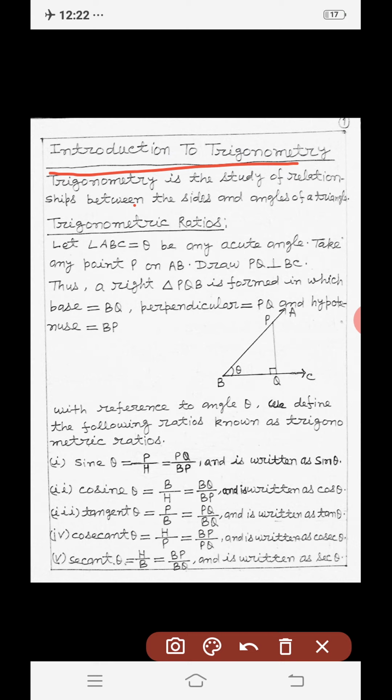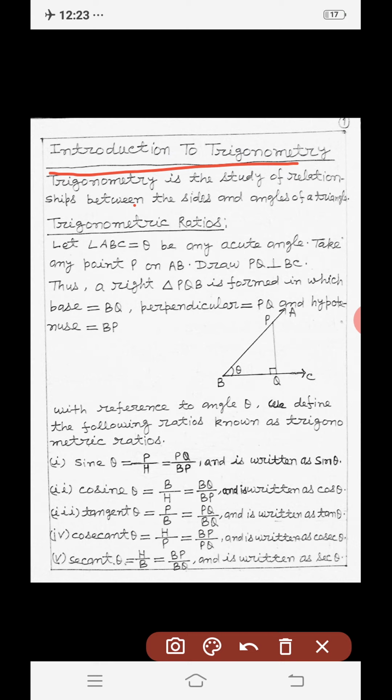We will also define the trigonometric ratios for angles of measure 0 degree and 90 degree. We will calculate trigonometric ratios for some specific angles and establish some identities involving these ratios called trigonometric identities.